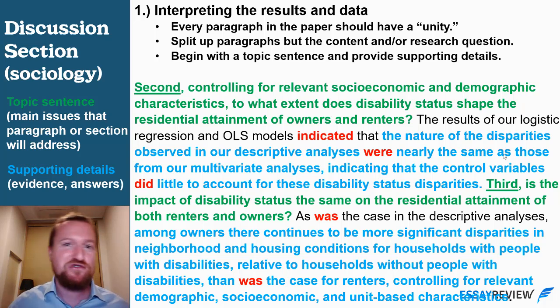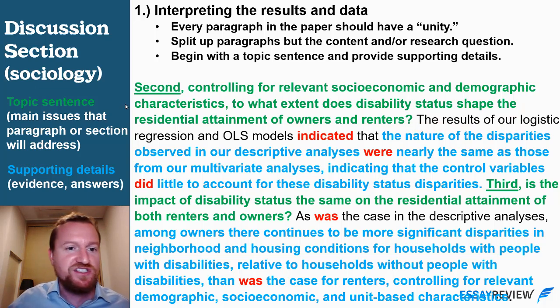Again, they have a lot of room to rehash, to rediscuss what they brought up in the results. But what's important is in blue are all supporting details. And here they talk about the results. So if you don't want to actually re-ask these questions in your paper, you could just erase the green and start with the results.